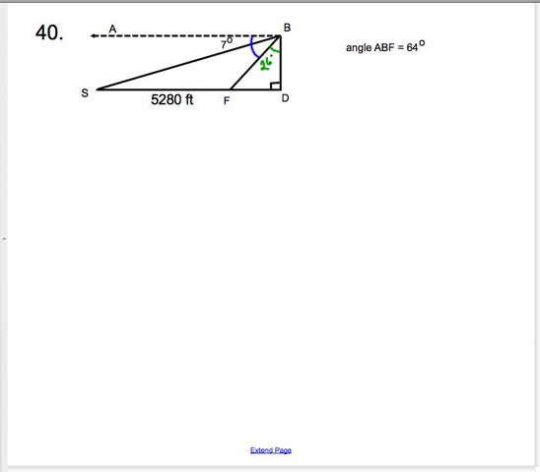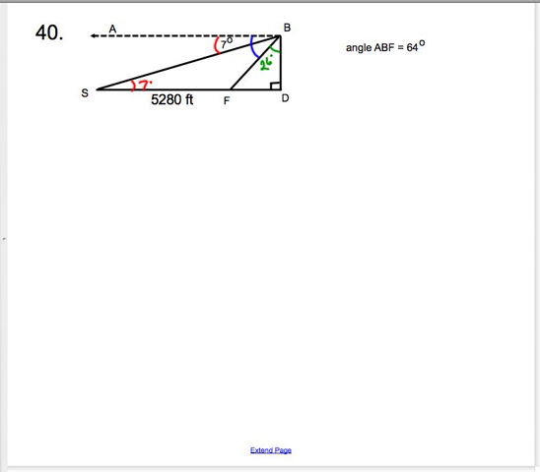Next, I recognize that my angle of depression is the same as my angle of elevation. What I mean is they told you up here this is a 7-degree angle where I'm putting the red arc. That's my angle of depression. Over here by S is my angle of elevation. That's also 7 degrees.